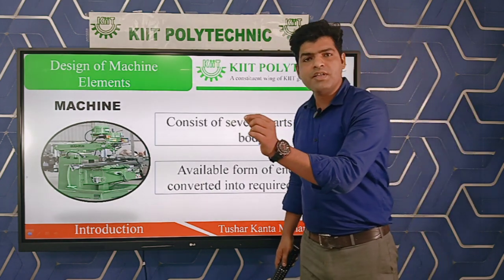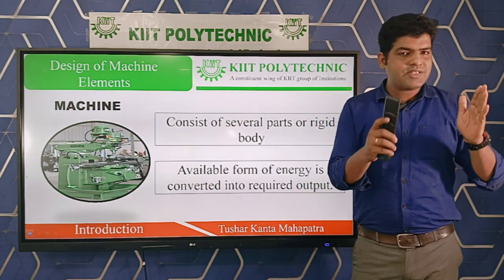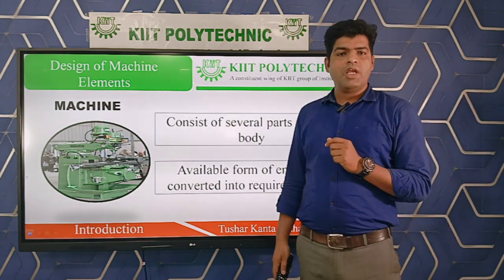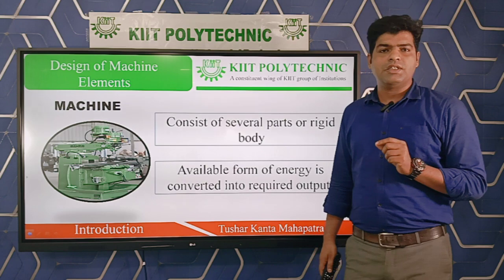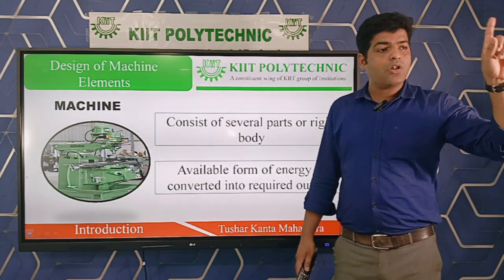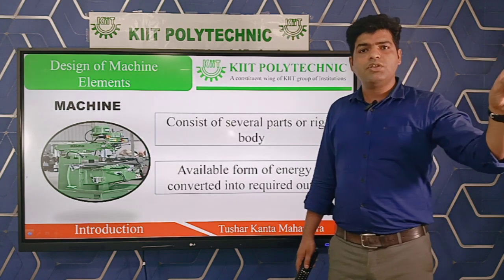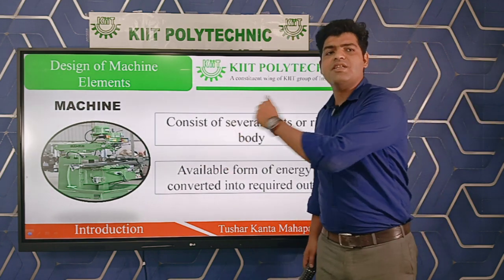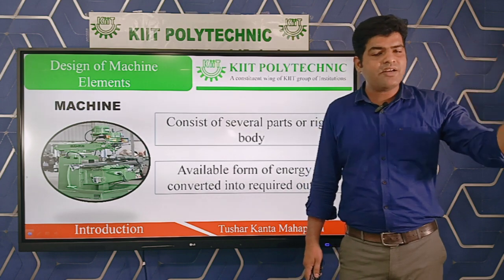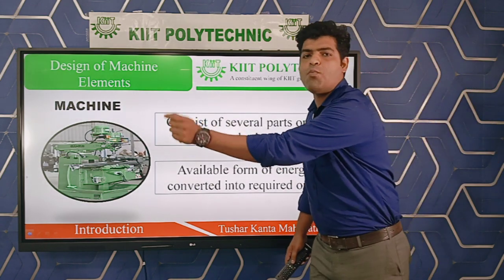What is form of energy? Let us see one example. If I switch on the machine, first we switch on the switch. When the switch is on, the machine starts. That means the electrical energy is converted into mechanical work.